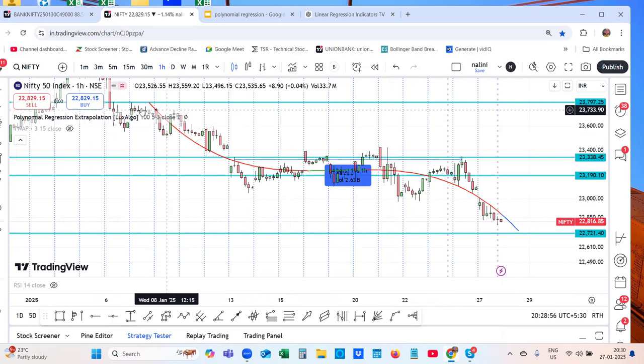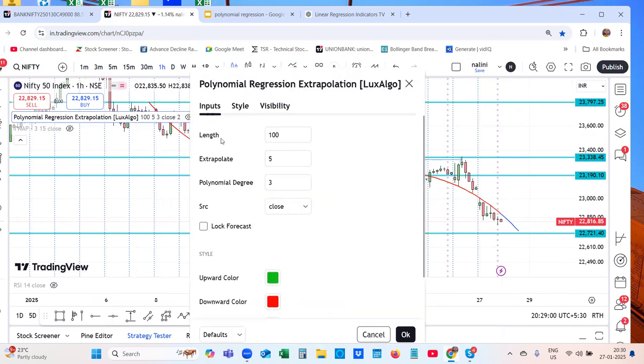After applying it to the chart, I'm going to the settings. You choose the length because since I'm using it for an intraday trade, 50 to 100 is very ideal for the 15-minute chart. You can select 50.